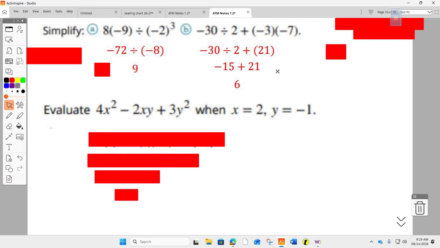Say it. The first thing that pops in your head. Hudson, what do we say if you're evaluating something? X equals 2 and y equals -1.